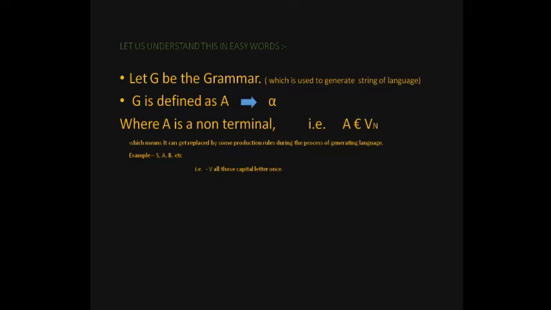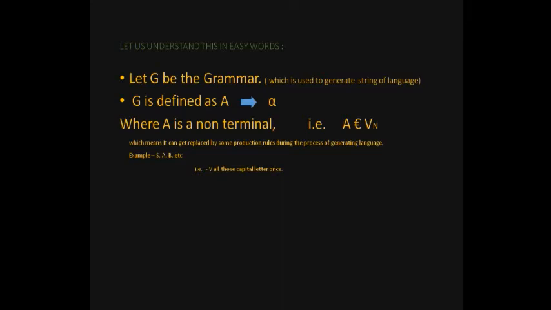Let us understand this in a way that if something is written in capital letters, that is S, A, B, etc., we can change those S, A, B into terminal ones.